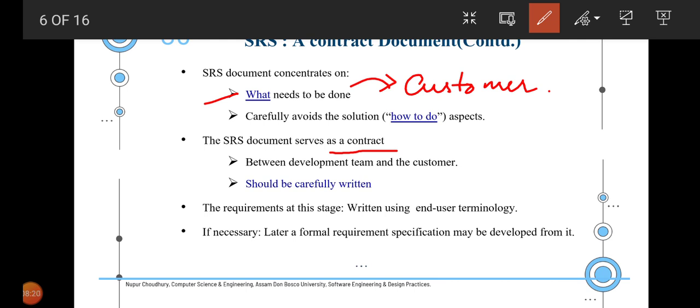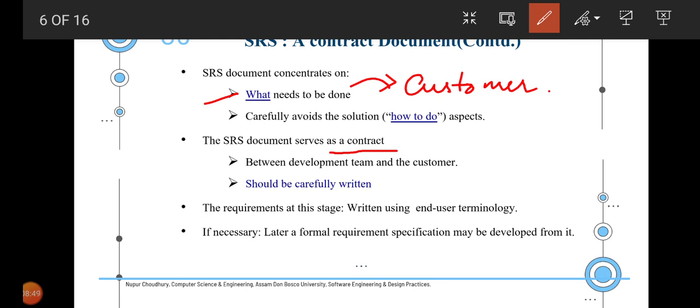The end users' terminology essentially means the customer's point of view. That means how the customer or the maintenance team will respond to, refer to, or use that particular product. So those things are mentioned from the customer's point of view.